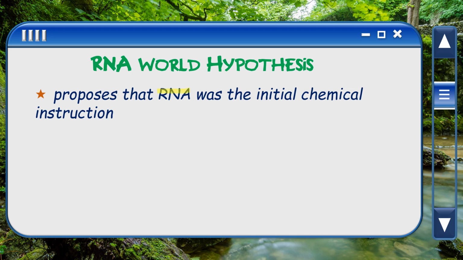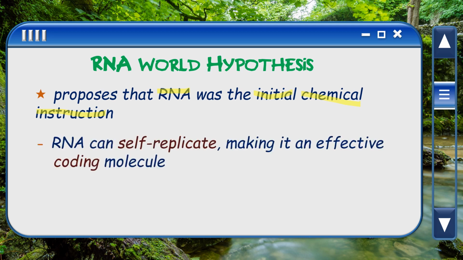If we are failing to find out who came first, DNA or protein, then they propose that RNA was the initial chemical instruction. Now, these are the reasons. RNA can self-replicate, making it an effective coding molecule. For it can self-replicate.